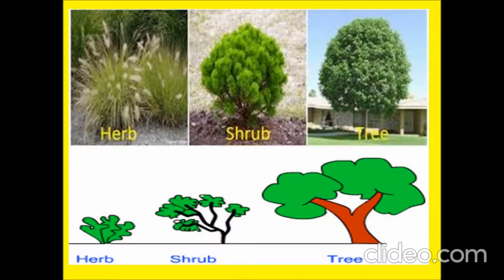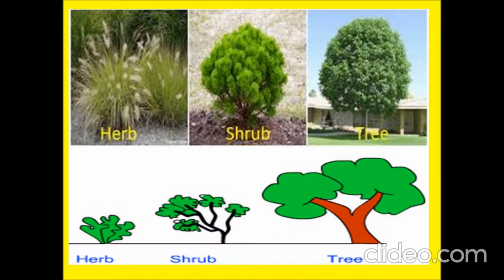It is a non-woody stem. So children, this banana plant will come into which group? It will be taken into the herbs. Okay. Banana, it is the largest flowering herbaceous plant. Remember this. So it is considered an herb.